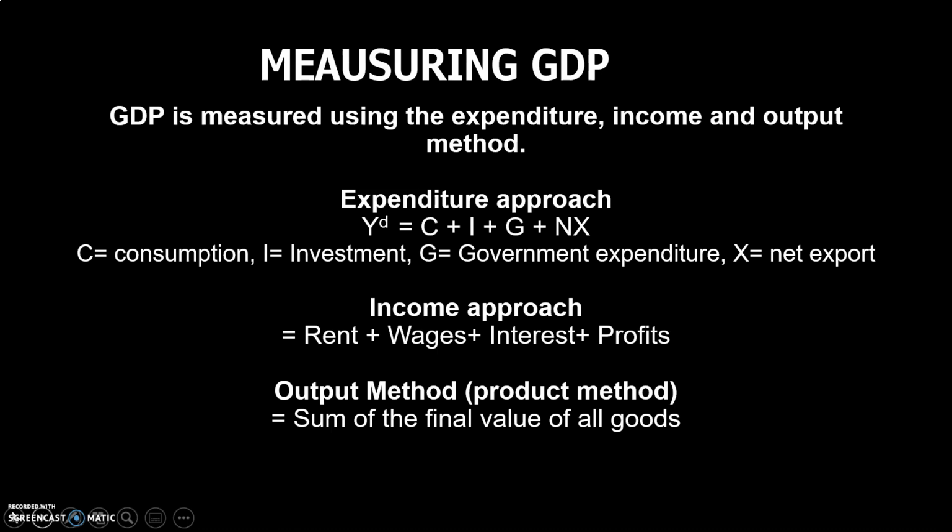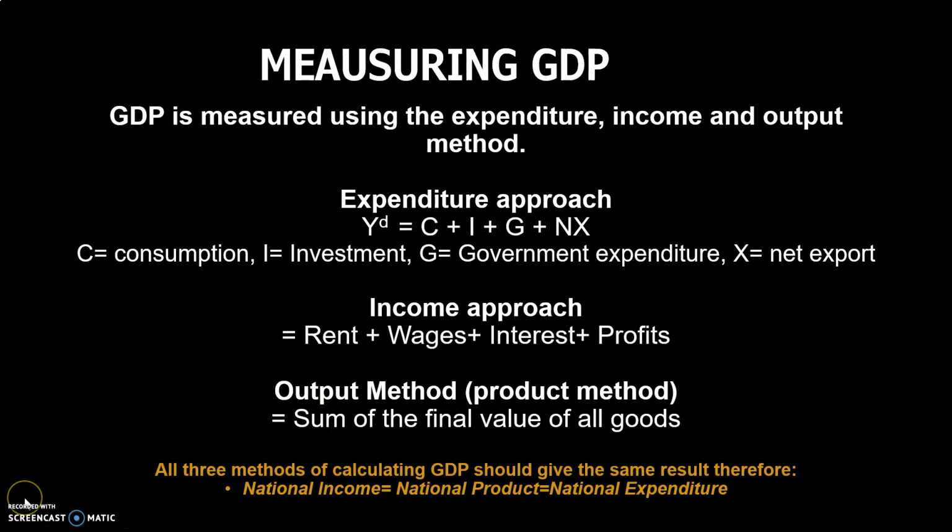And then the income approach looks at adding all the various types of income, that's rents, wages, interest, and profit. So it adds the incomes generated by the factors of production. And then there's the output method, which is the sum of the value of final goods. It is important to note that all methods of calculating GDP should give the same result. So the income, the expenditure, and the output method should all be the same.